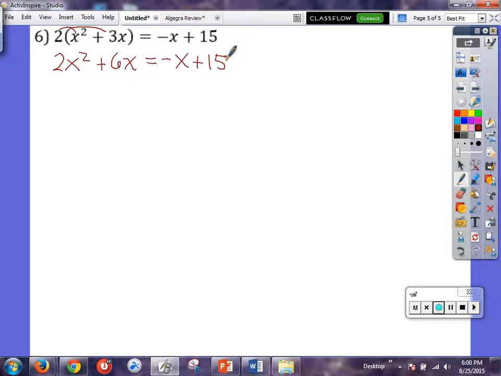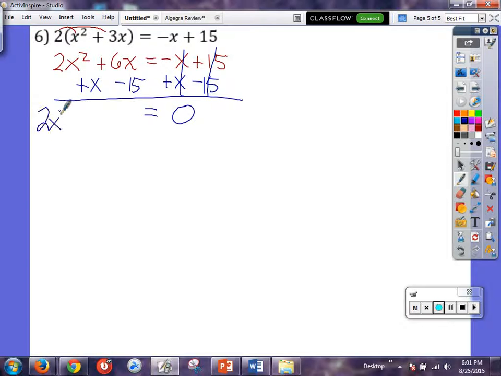Okay. So we're going to bring everything to one side. Every time we have anything higher than a power of 1, we want to bring everything to one side so we can factor it out. Okay, there's only one x squared term, which is this one, 2x squared.